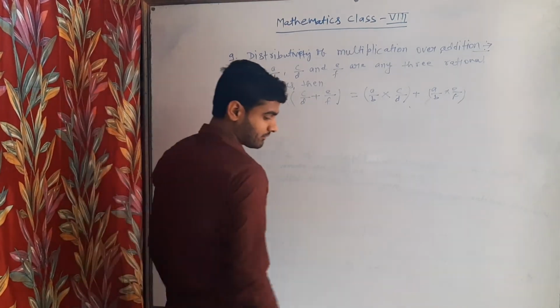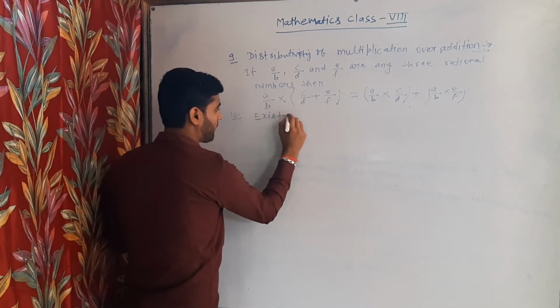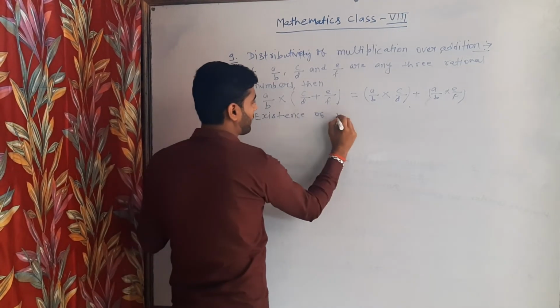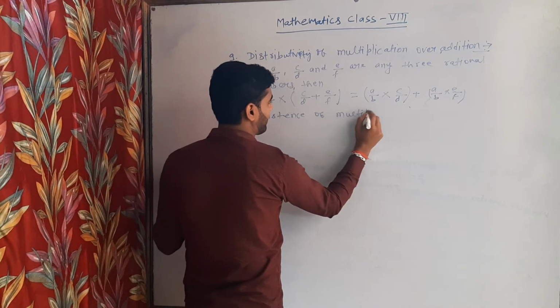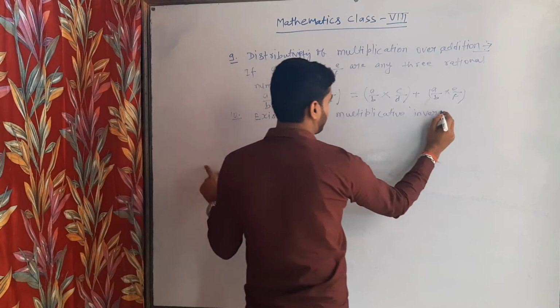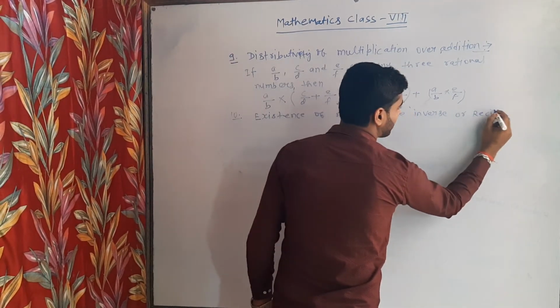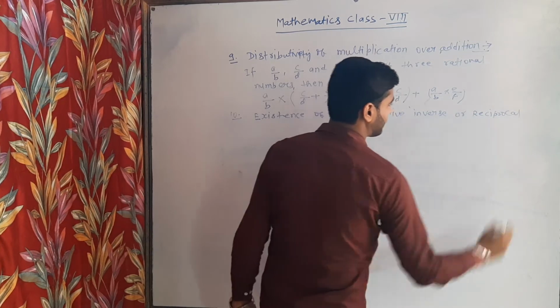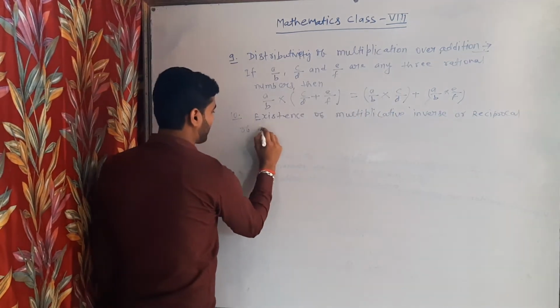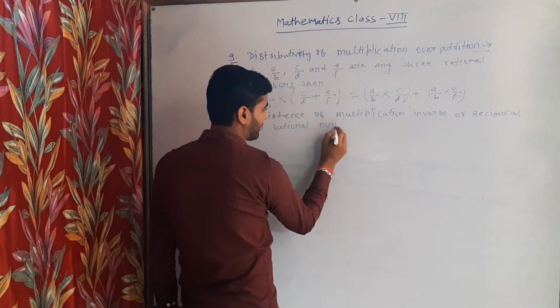Number 10. Existence of multiplicative inverse, or reciprocal of a rational number.